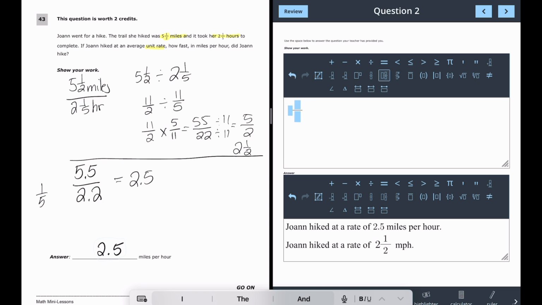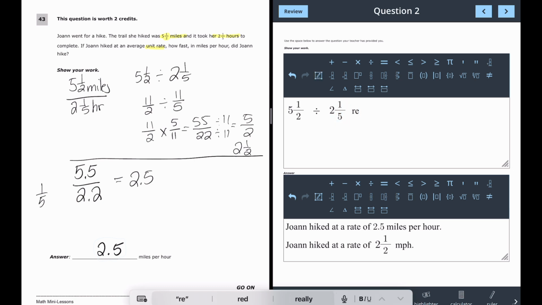So I would take my original one, 5 1/2 divided by 2, not 12, and 1/5.